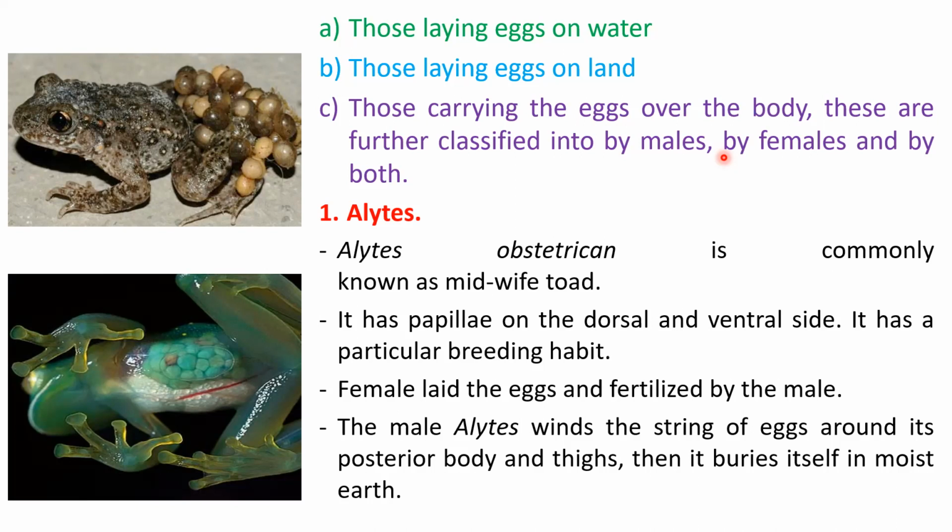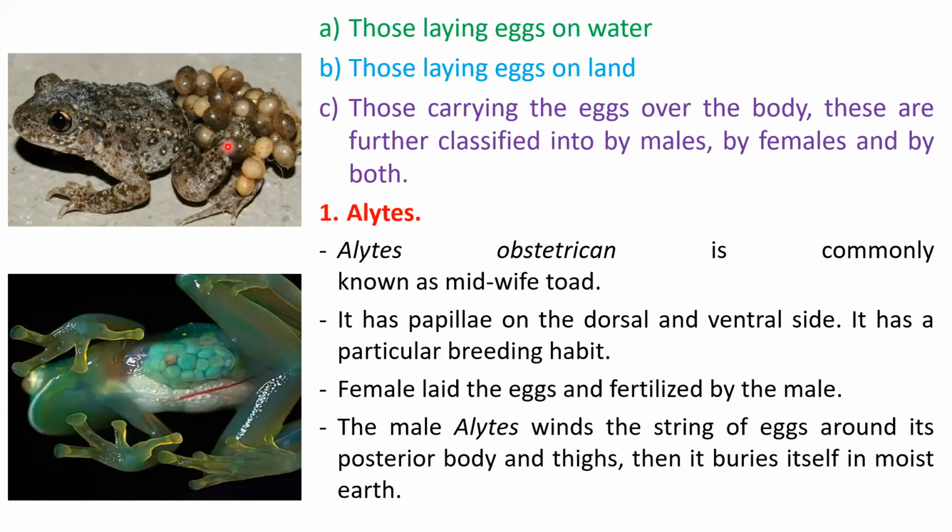So it is noted that the male Alytes frog takes these eggs and carries them on the body surface, particularly on the posterior region of their body surface, or in the thighs region, that is the hind limbs.